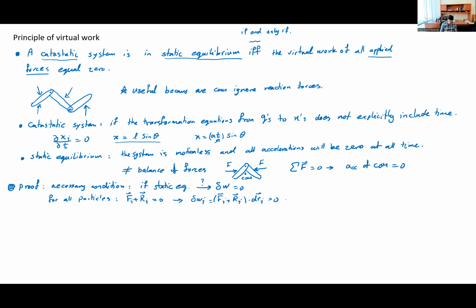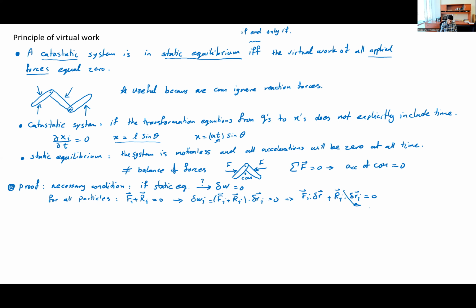Well, hold on. This has to be delta Ri because we're talking about virtual displacements. So I can write it as Fi dot delta Ri plus Ri dot delta Ri equals 0.